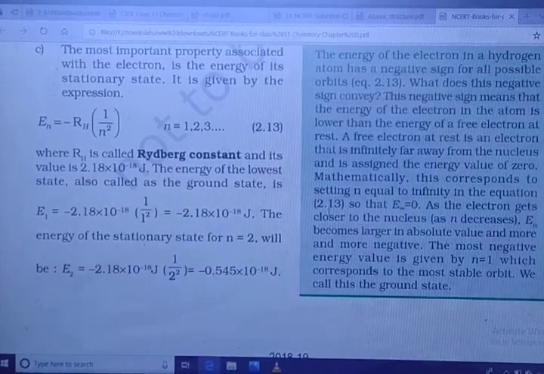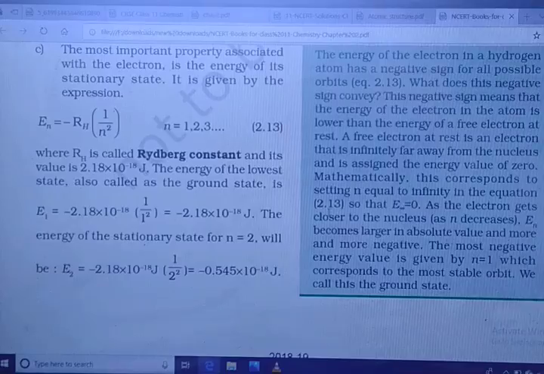If I talk about the second stationary state, means second energy level, instead of n, wherever n is there, we have to put 2. So E2 will be minus 2.18 into 10 to the power minus 18 into 1 upon 2 square. What is the value of 2 square? 4. So minus 2.18 into 10 to the power minus 18 divided by 4, which gives minus 0.545 into 10 to the power minus 18 joule.